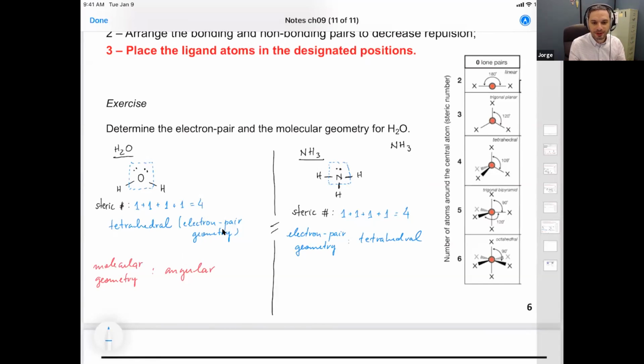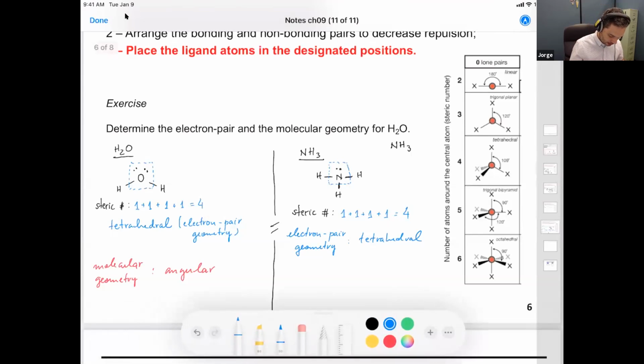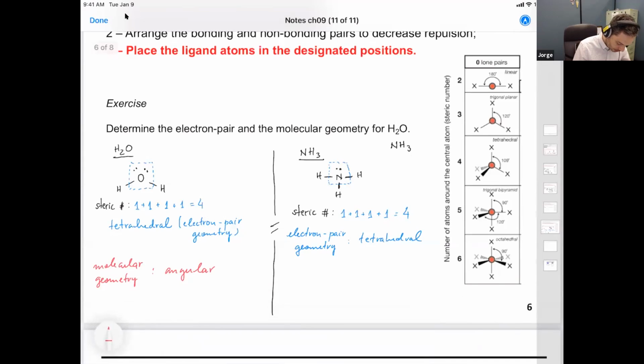We have here steric number 4 and just one lone pair, and in this situation, the molecular geometry is going to be, let's see here what the table calls, trigonal pyramid.